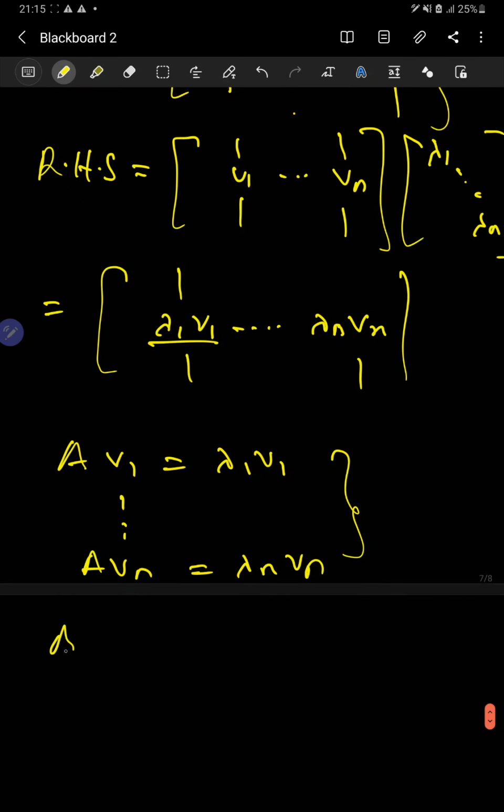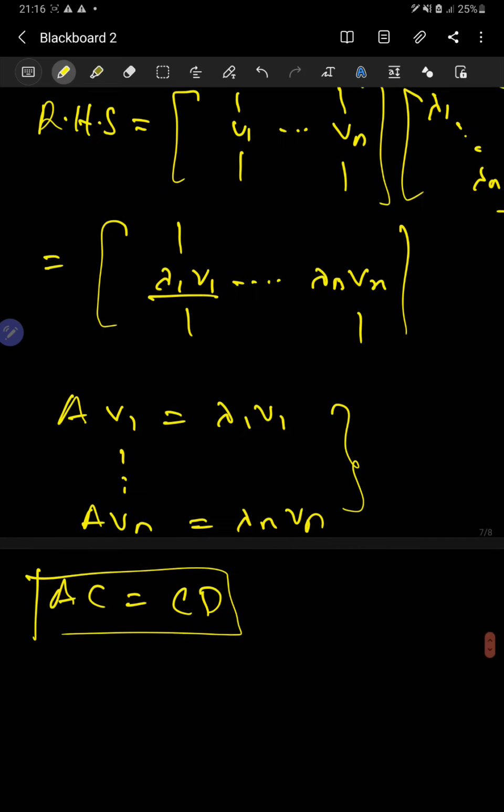So if a vector is actually an eigenvector and lambda is the eigenvalue, then we can say AC equals CD, where A is the matrix we're dealing with, C is a matrix formed by our eigenvectors, and D is a diagonal matrix whose entries are the eigenvalues of our matrix A. So the equation is satisfied.